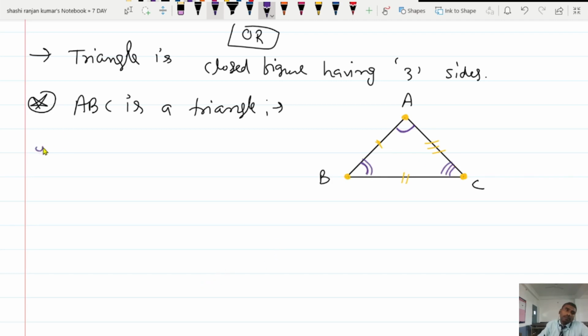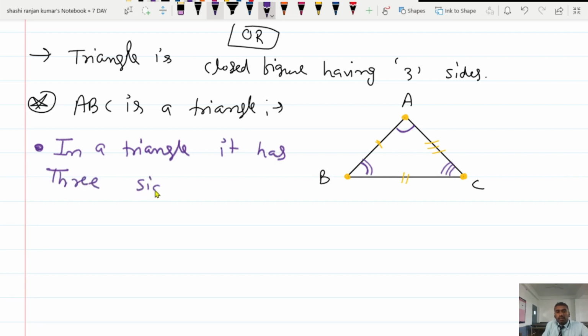Let us write these points. So in a triangle, it has three sides. Here you can see, AB is one side, BC is the other side, and AC are the sides of the triangle.